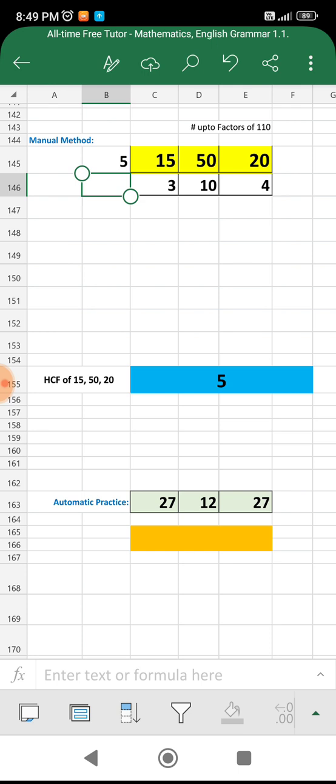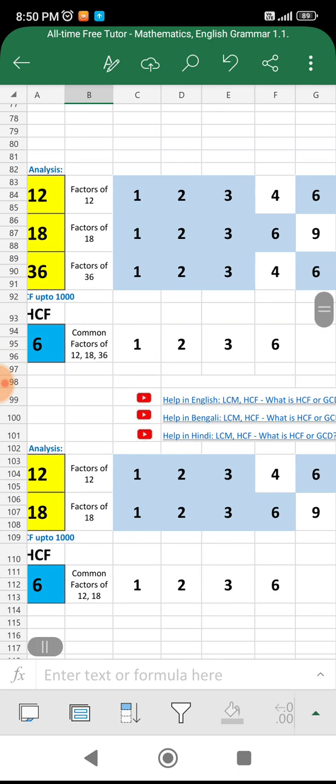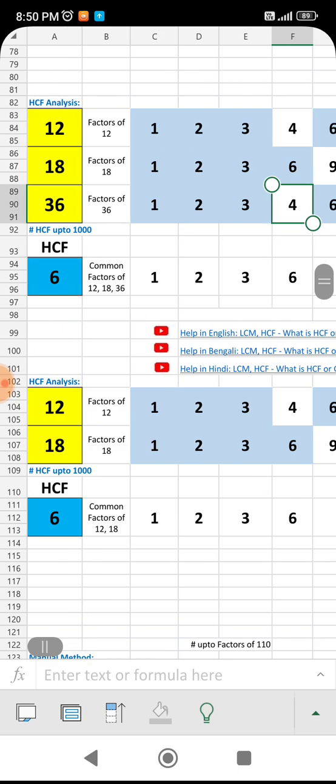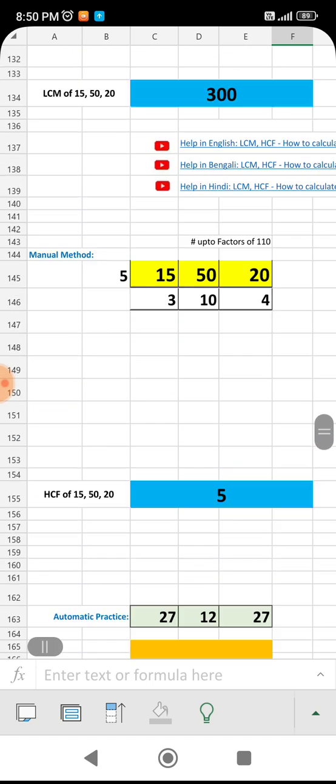We have to stop here. Look here: these two numbers are divisible by 4, but 18 is not divisible by 4. So that's why we cannot consider 4. Similarly here also.